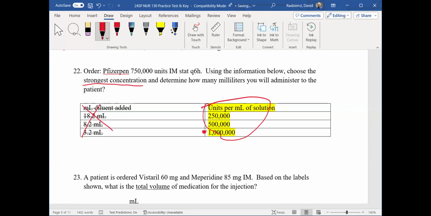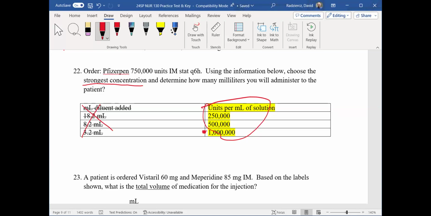Where a lot of students get hung up is that milliliters of diluent added. Why is it even written there? It's the same reason that I would tell you I'm administering 45 milligrams of gentamicin over 150 milliliters in 45 minutes every 6 hours with a drop factor of 10, and I'm asking you to calculate drop rate. It really doesn't matter that you do it every 6 hours. And it doesn't matter that it is gentamicin at a strength of 45 milligrams.